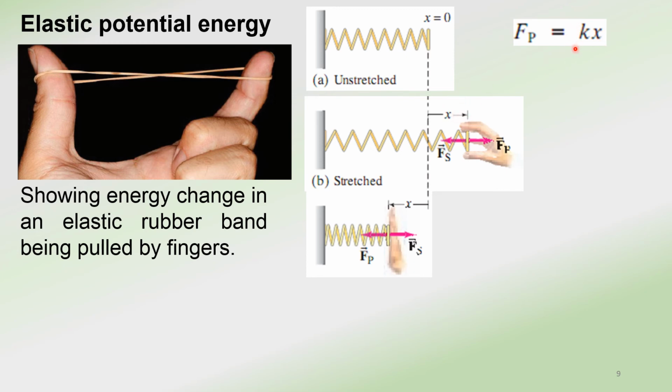This constant k is called the spring constant. And this force on the spring Fs is called a restoring force. Restoring force means a force that the spring exerts on the acting body in order to retain its original size. Then it is equal to minus kx. It is equal and opposite in direction to the applied force.